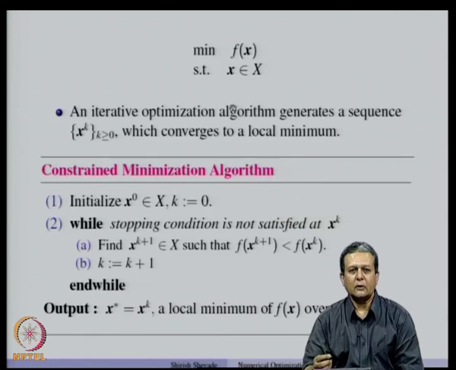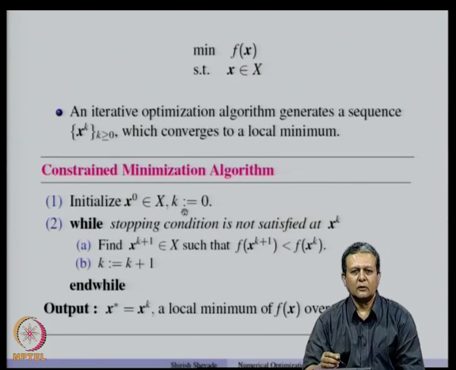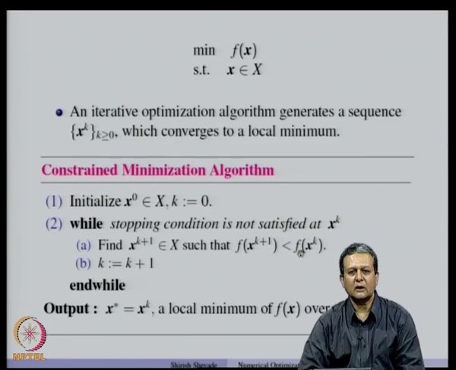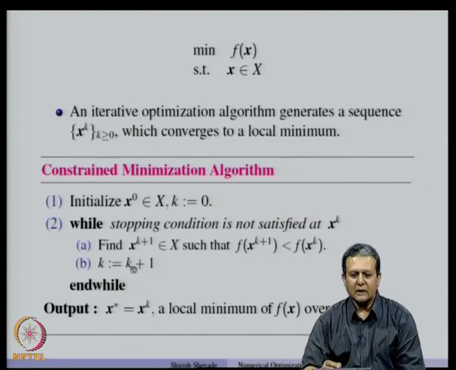of this problem. So, a conceptual constraint minimization algorithm would look like this: given x 0 which is feasible and setting the iteration counter to 0, we continue the algorithm till the stopping condition is satisfied at x k, and at every step we find x k plus 1 in the feasible set X, such that the value of the objective function at x k plus 1 is less than the value at the current point, and then we increase the iteration counter and the process is repeated.